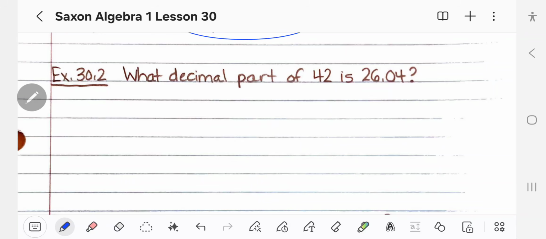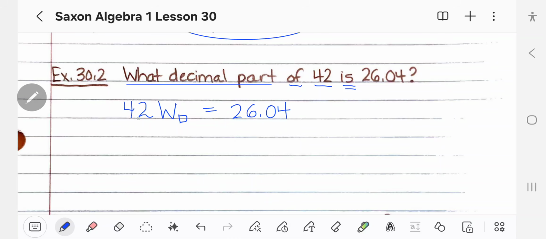So here we're going to say what decimal part. So instead of what fraction, we're talking what decimal. That's how the book defines the variable. What decimal part, W sub D, of, so that's going to be times 42, or I could even write it like this, stick that in the front like we normally do. What decimal part of, multiplied by 42, is, I'm going to write equals 26.04.